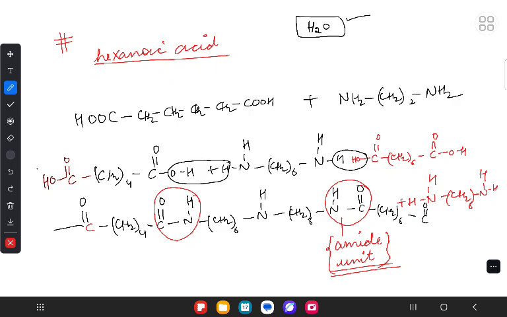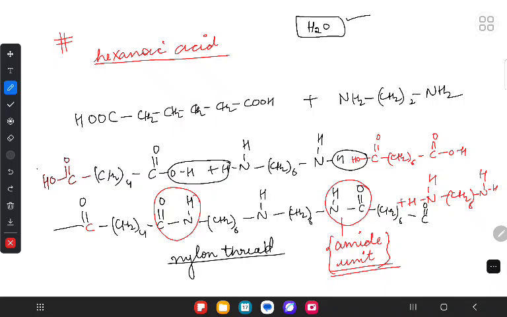We have this amide unit, or nylon thread. So this is the polymer, right?